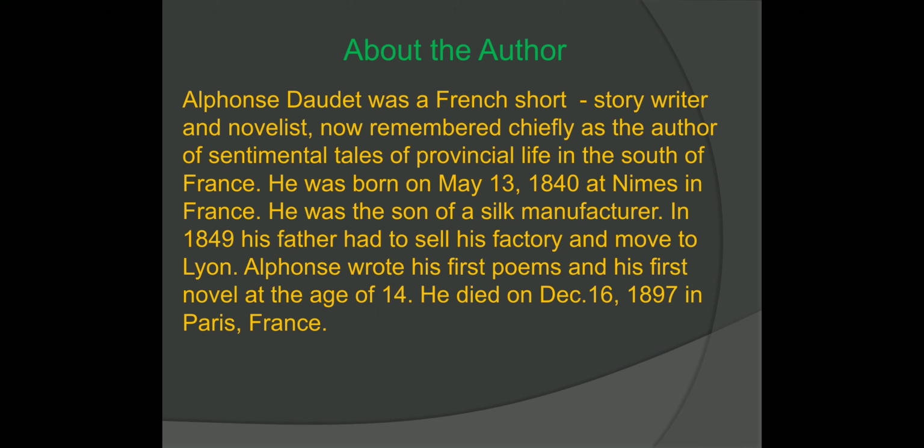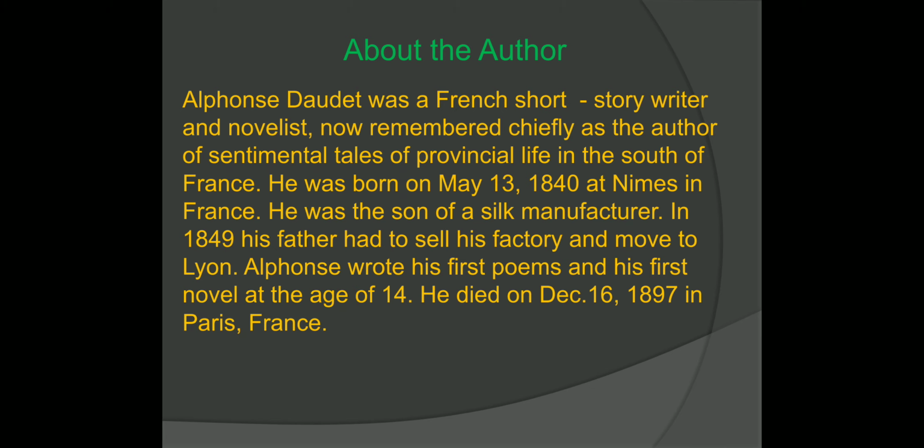Alphonse Daudet was a French short story writer and novelist, now remembered chiefly as the author of sentimental tales of provincial life in the south of France. He was born on May 13, 1840 at Nimes in France.